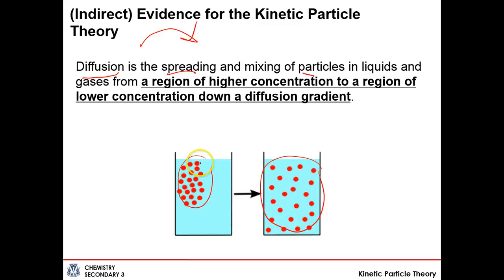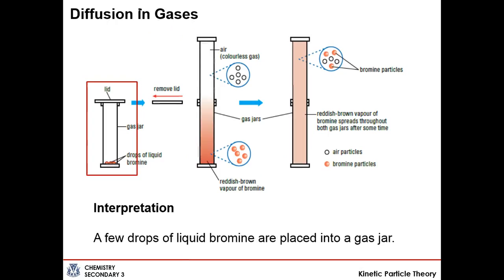Let's say this is a lump of sugar in water. Eventually, the entire container of water here will have sugar particles evenly distributed throughout. This is called diffusion. In some sense, it gives us indirect evidence for the kinetic particle theory.